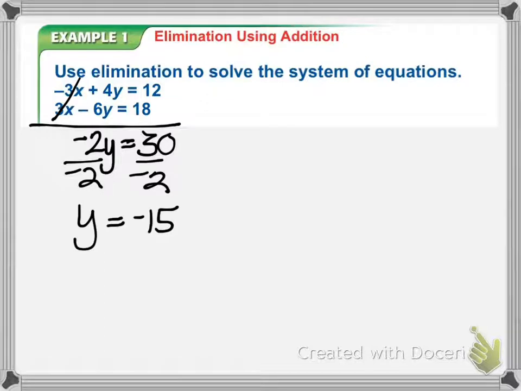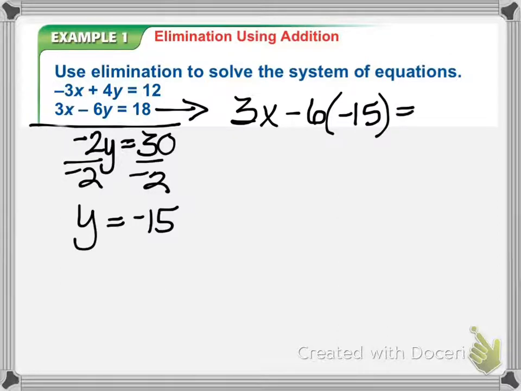Okay? Now, you pick one of the original equations back in the system. It doesn't matter which one. Let's use the bottom one. And then you take your y value of negative 15 and you plug it back into the equation for y. So that's going to look like this. Okay, and then you go ahead and you solve it down for x.